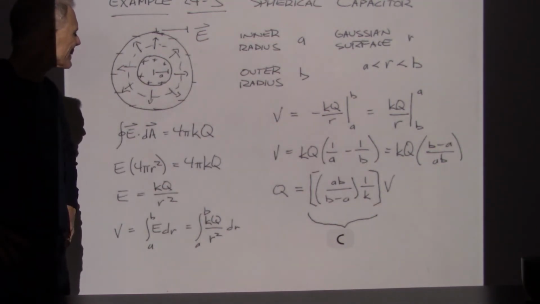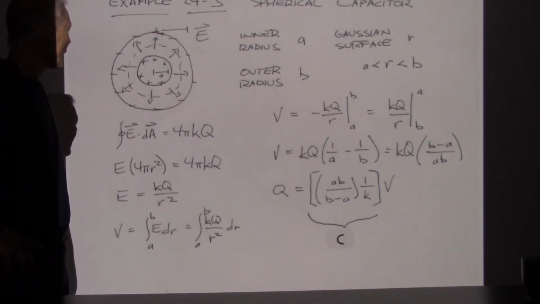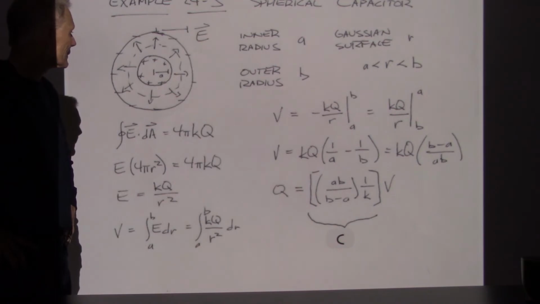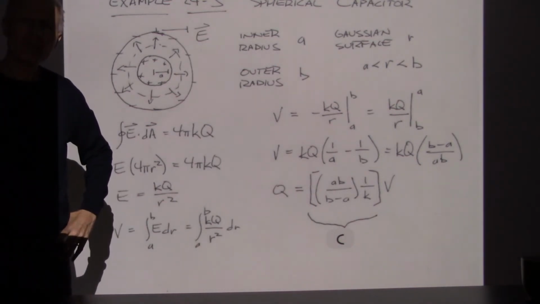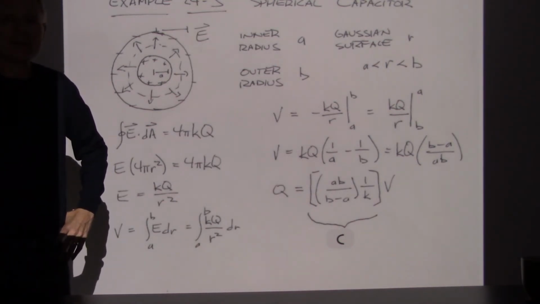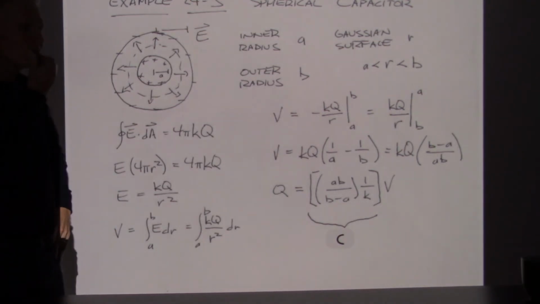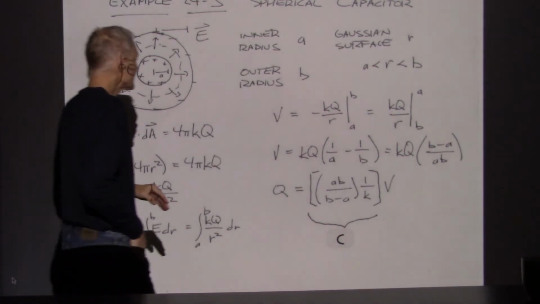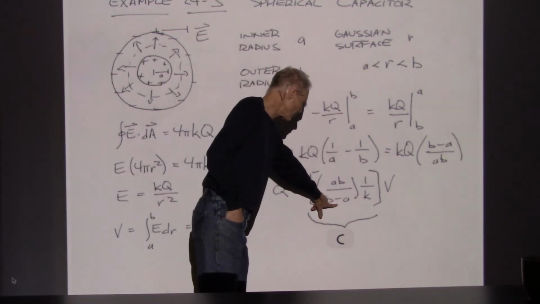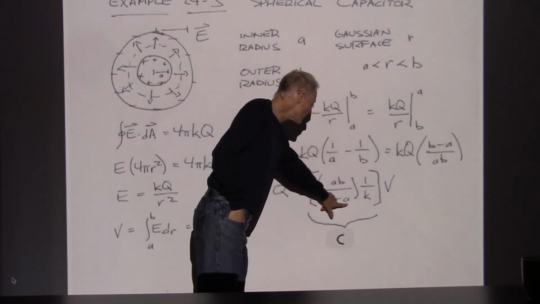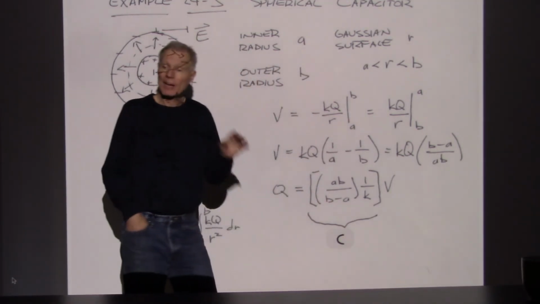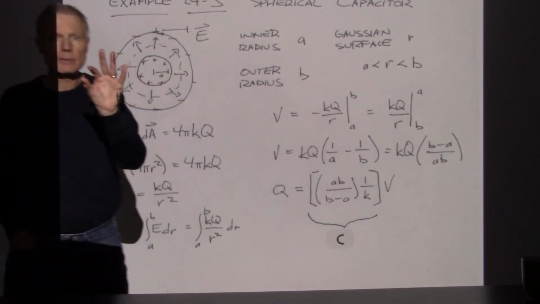And then it has dimensions. Now in this case, it's a little trickier because I've got two radiuses. I don't have a length dimension in here so much. I have two radiuses, and it does turn out that this is the separation distance. So b minus a, hey, that's the distance between the two plates.